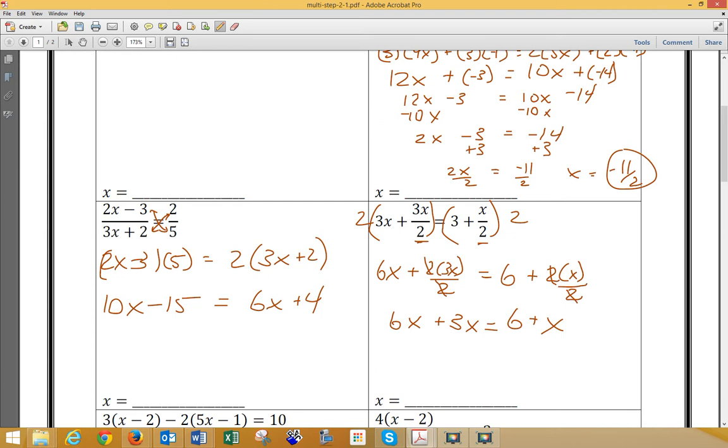And the reason that these two things cancel out when we have the 2 and the 2 is because they're both multiplying. So what I mean by that is if we look here at 2 times 3x over 2, what that is really equal to, if we want to expand it, is 6x over 2, which is equal to 3x.